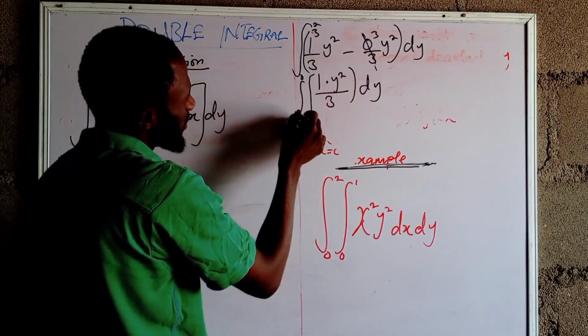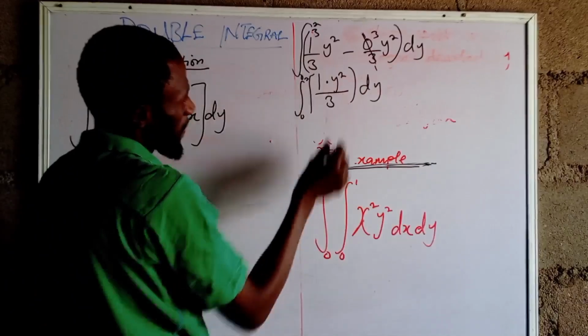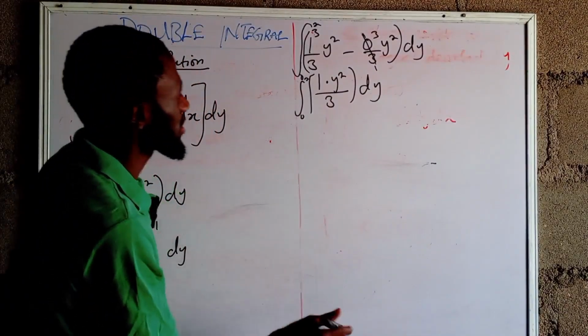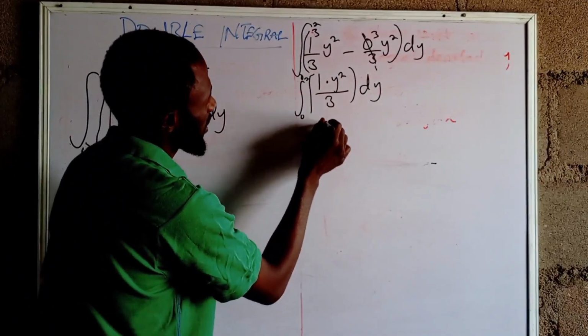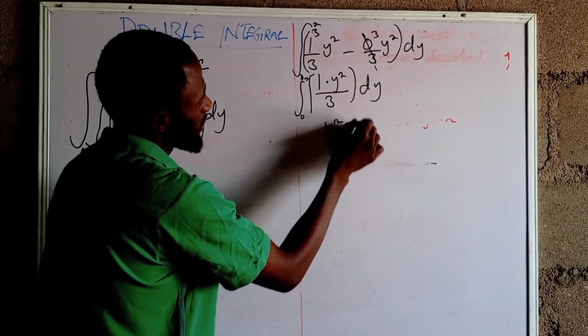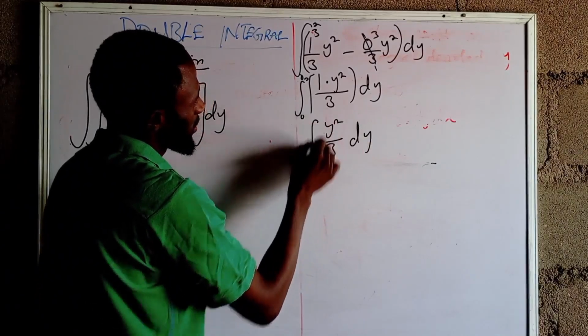That is the integral with limits from 0 to 2, and we simplify this as y squared all over 3, dy.